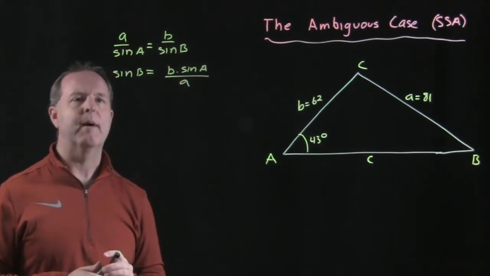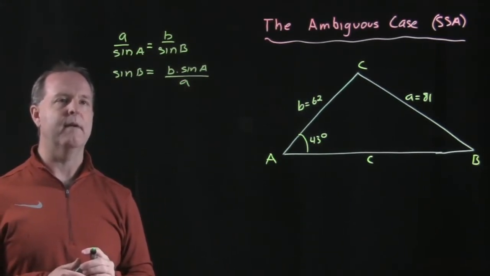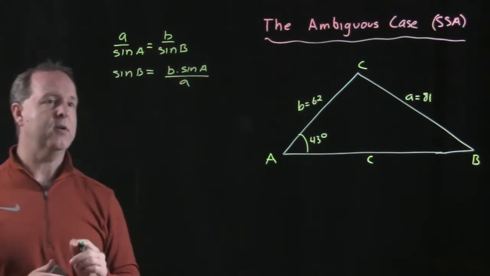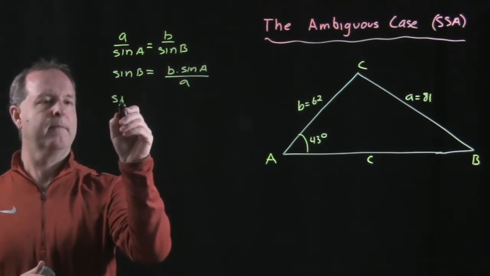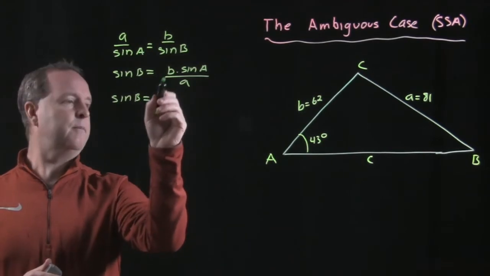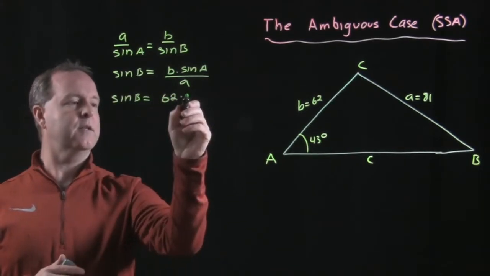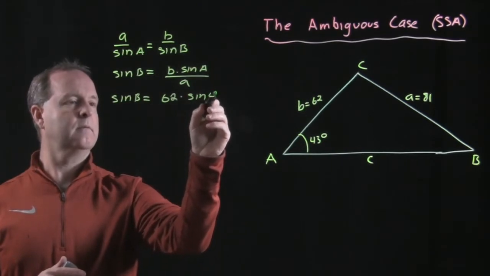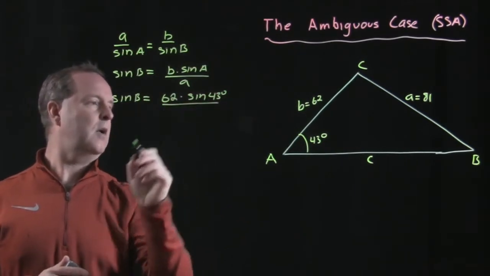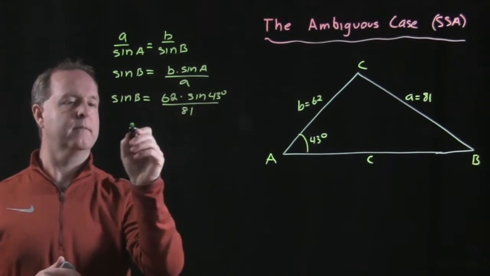All right, I understand my proportions, so solve that for the sine of B. The values I know are b is 62, the sine of A is the sine of 43, all over a, which is 81.